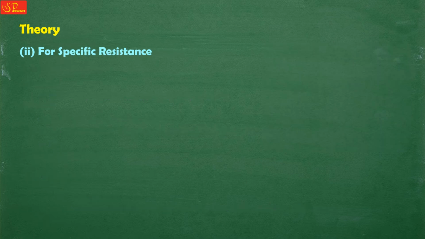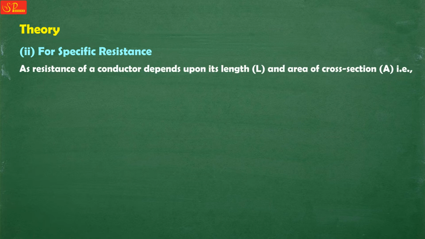2. For specific resistance, as the resistance of a conductor depends upon its length L and area of cross section A, for example, X is proportional to L (A), X is proportional to 1 by A (B).